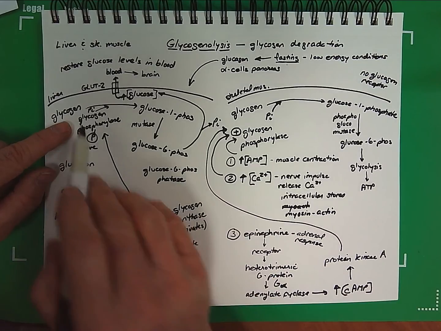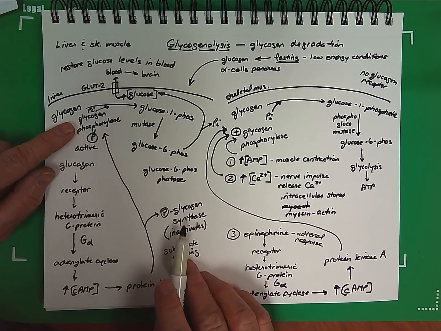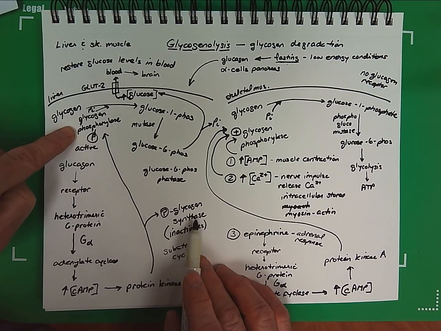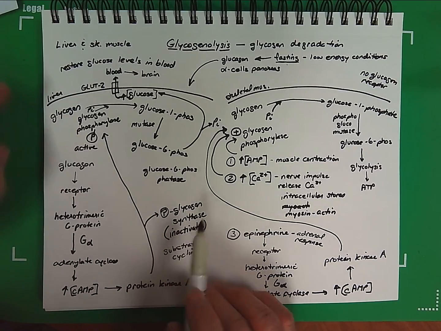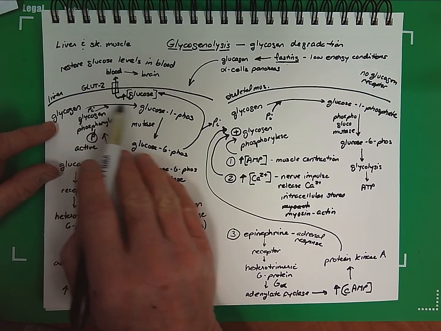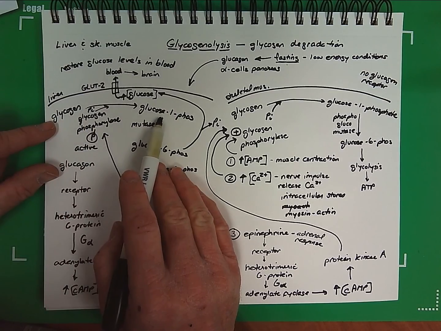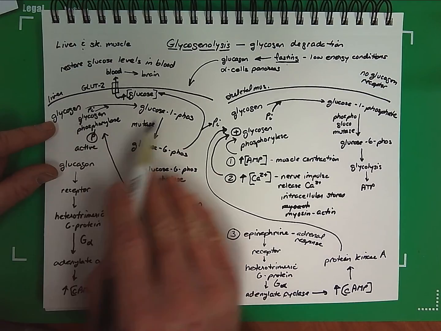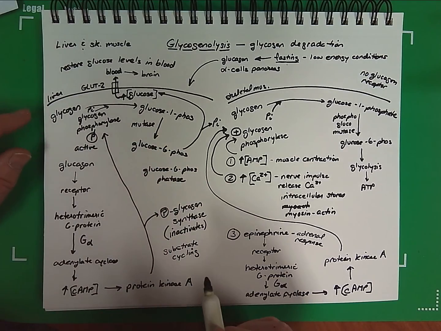Substrate cycling is when you have two enzymes that perform reactions in opposite directions, such as the phosphorylase and synthase. If both of them were active at the same time, the glycogen would be converted to glucose 1-phosphate, and the enzyme going backwards would convert it back into glycogen, and you'd have a futile loop in there.